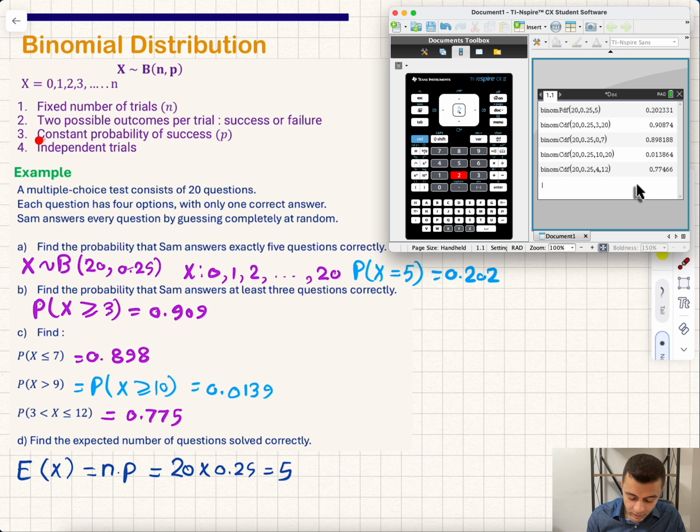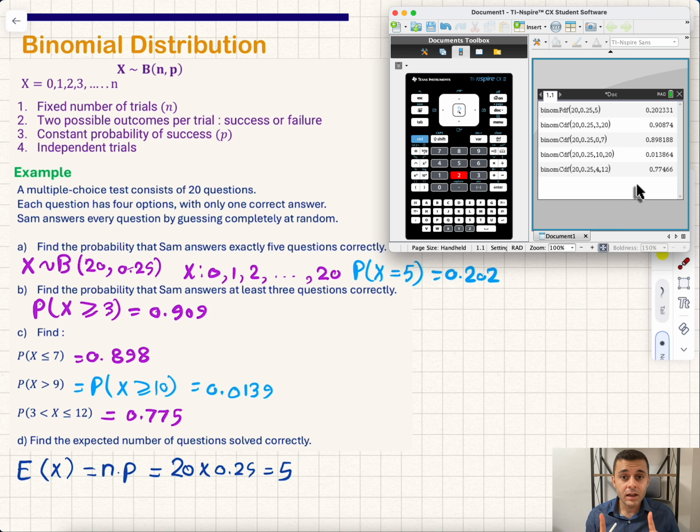Then you have a constant probability of success P. So here, the probability of solving each question correctly should be only 0.25, not more or less. It doesn't change through the question. Like, for example, you don't have questions with a probability of 70% correctly, other questions that are hard, let's say 0.10 or 10% correctly.